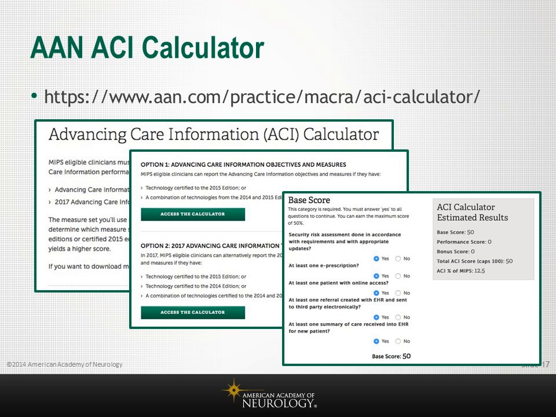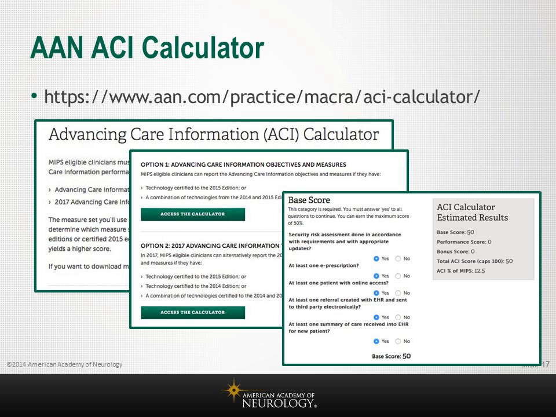However, the purpose of this webinar and this calculator is to be an educational one so that neurologists can become informed about what makes up the ACI score, see what affects it, and be able to have a more relevant conversation with your management and with vendors when you are discussing participation in ACI.